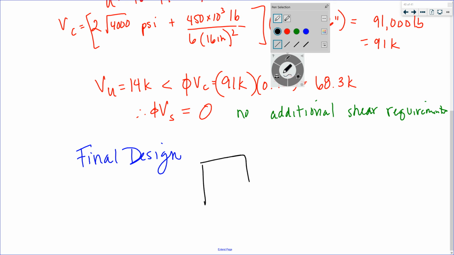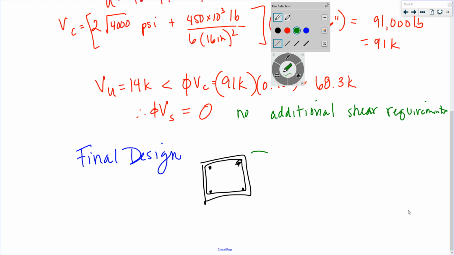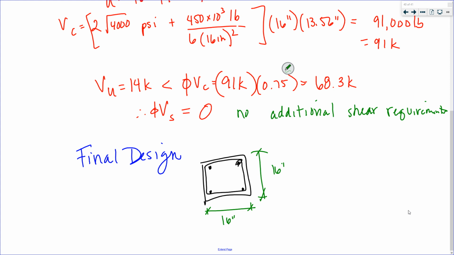I've got a terrible drawing, but it's a 16 by 16 inch column with 4 number 9s as my longitudinal reinforcement and number 3s at 16 inches on center as my transverse reinforcement.